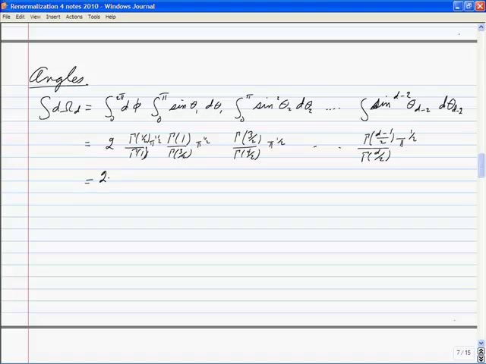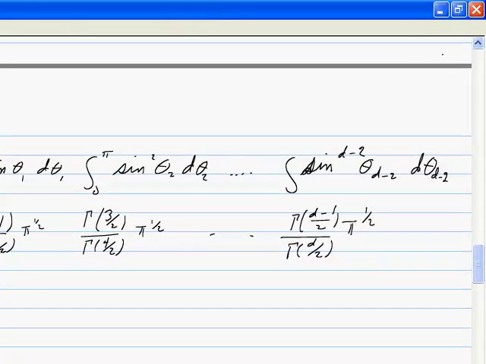So the answer turns into 2 pi to the d over 2 over gamma of d over 2. So that's really the claim.